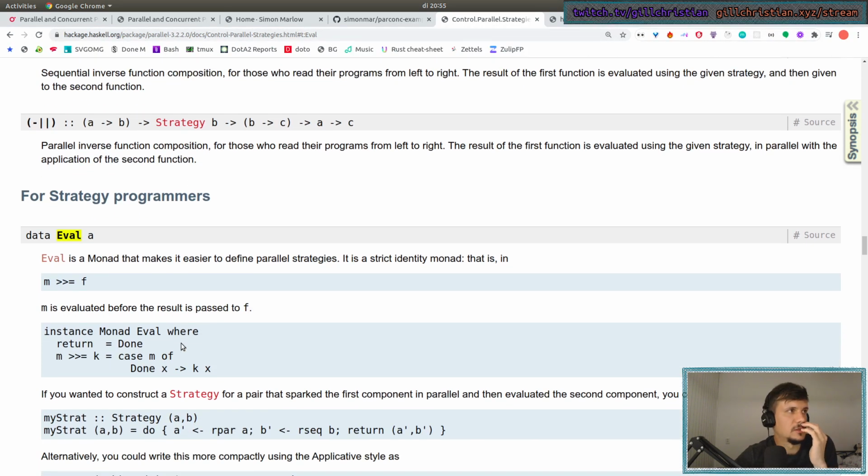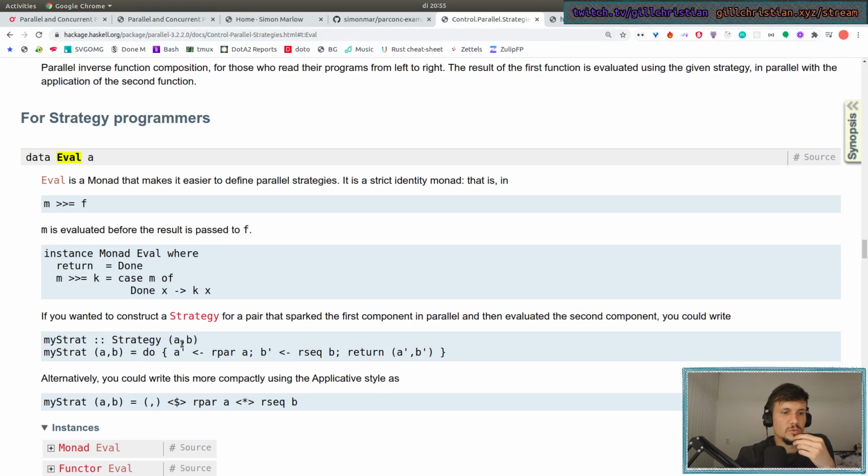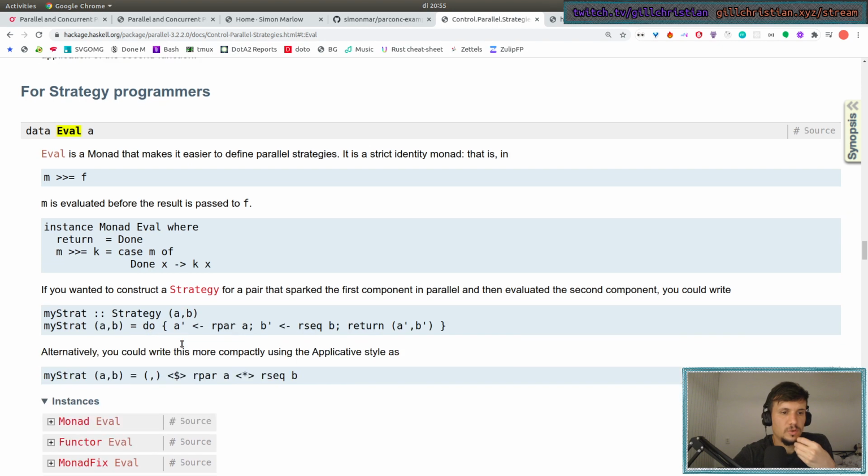It's basically an identity monad. It lets you evaluate things in parallel or sequentially, depending on what your strategy is for evaluation.